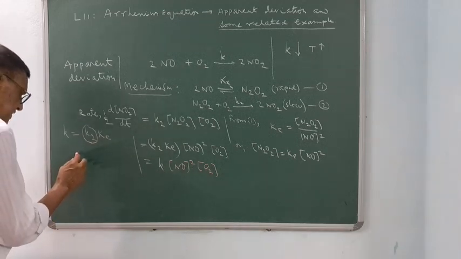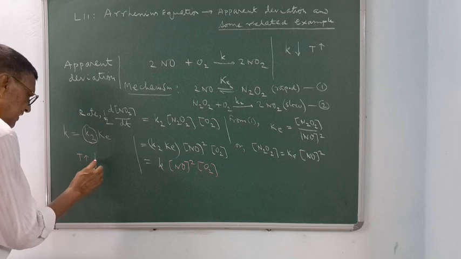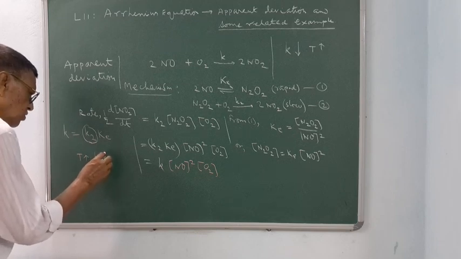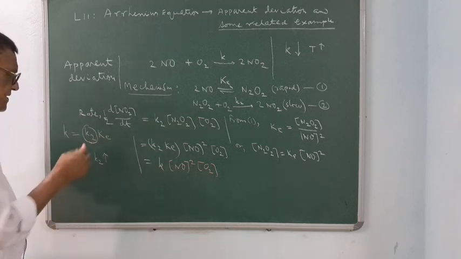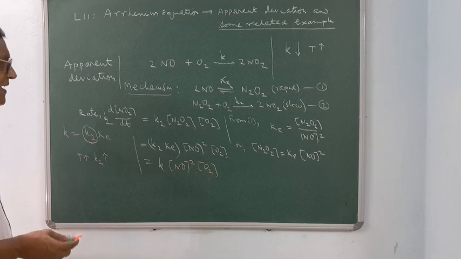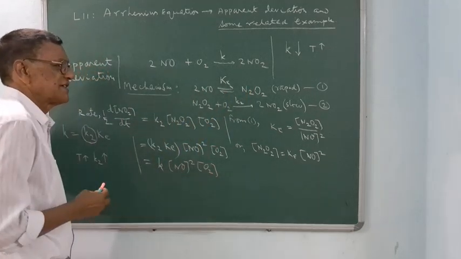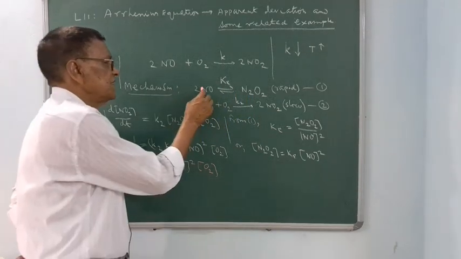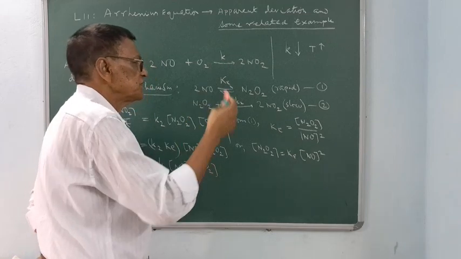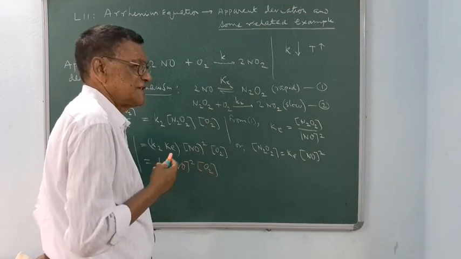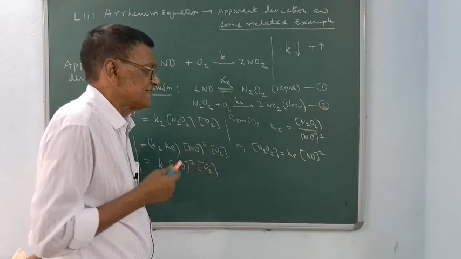So when T is increased, k2 also increases. But Ke is the equilibrium constant of this dimerization reaction, and in this dimerization reaction a new bond is formed. A new bond formed means energy is released.